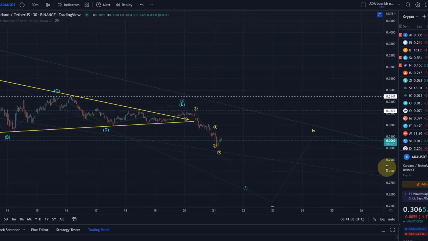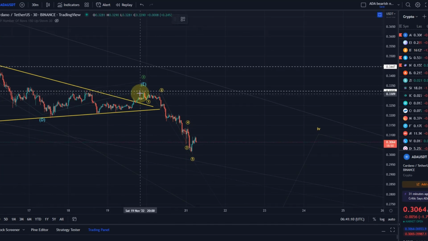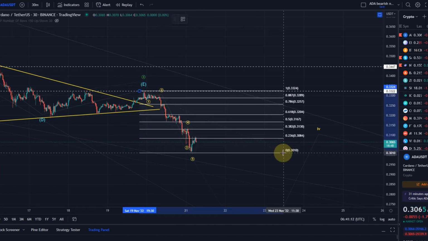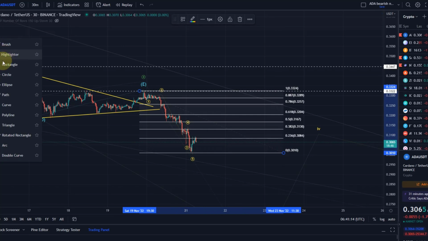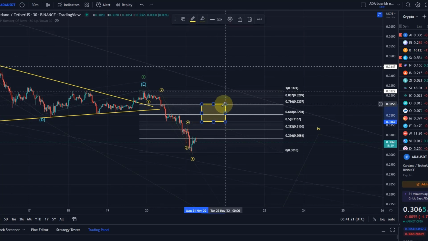We can expect a retracement to the upside at some point shortly, maybe already now, and that could get into the region, ideally here, so not higher than that, between 31.7 and 32.5 cents.